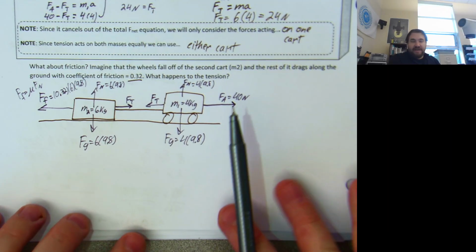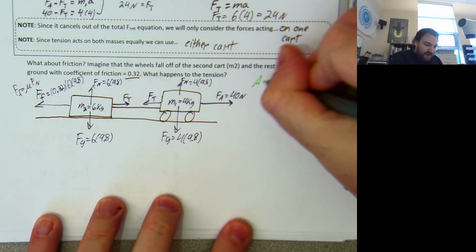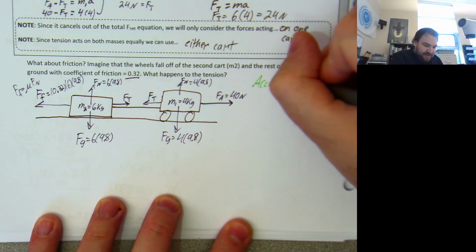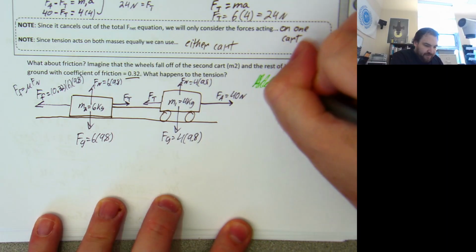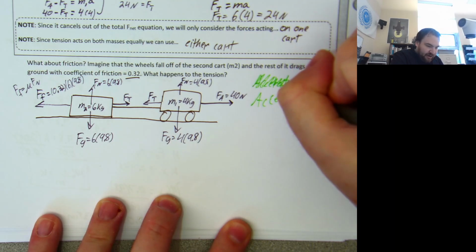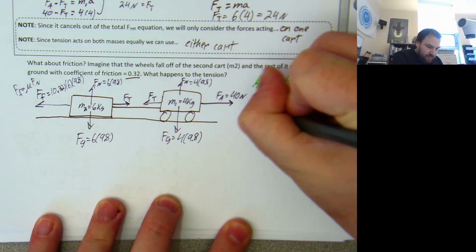So now in our free body diagram, we've got it all. We're going to treat it the exact same way. We're going to find the acceleration, we're going to treat it as one system. So here we go. Let's find the acceleration. Wow. Dawidoff, learn to spell. A-C-C-E-L-E-R-A-T-I-O-N. Acceleration.